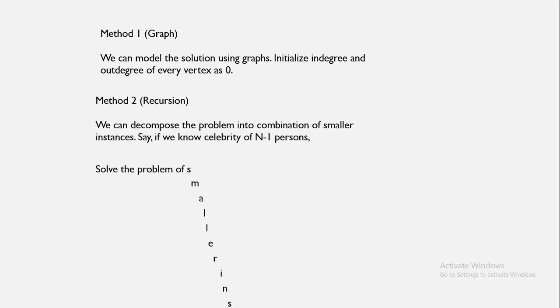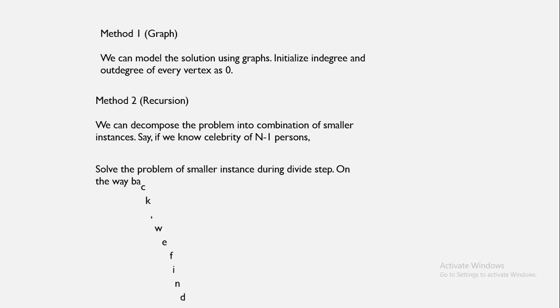So we solve the problem of the smaller instance during the divide step. On the way back, we find the celebrity if present from the smaller instance. During the combine stage, check whether the returned celebrity is known to everyone and doesn't know anyone.